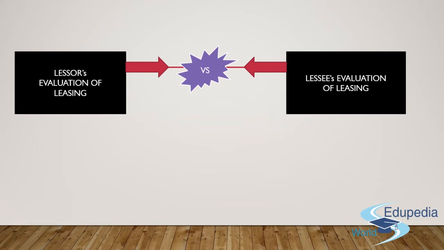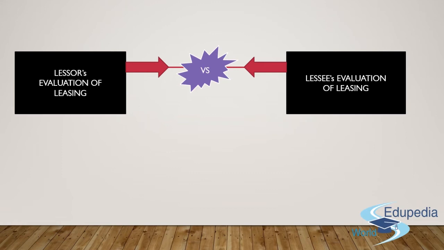Let's suppose I, as an investor, am acquiring an asset on a lease basis. Let's understand the benefits and the things I need to keep in mind if I'm going for a leasing option. Number one, I will be supposed to pay the lease rentals, and all those lease rentals are tax deductible. Good thing for me, I can show the same rentals which I am paying to the lessor in my P&L account.